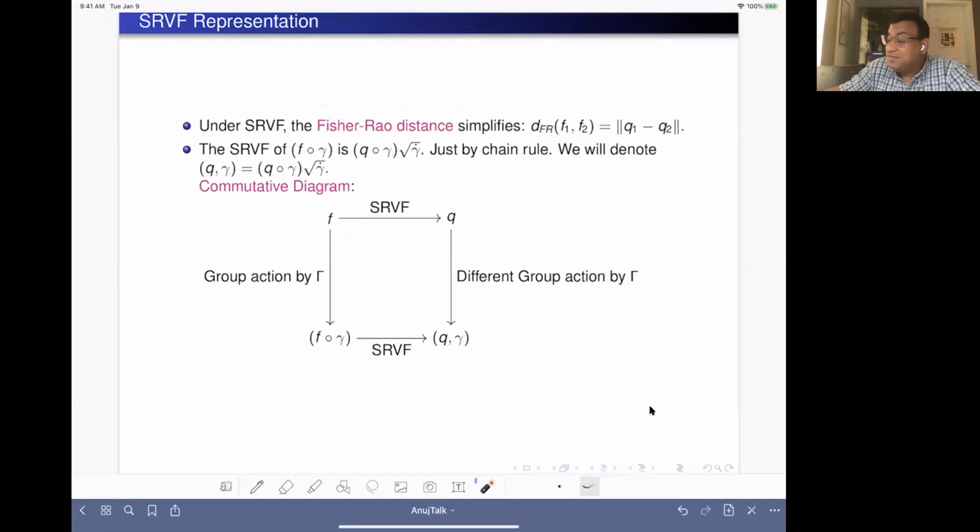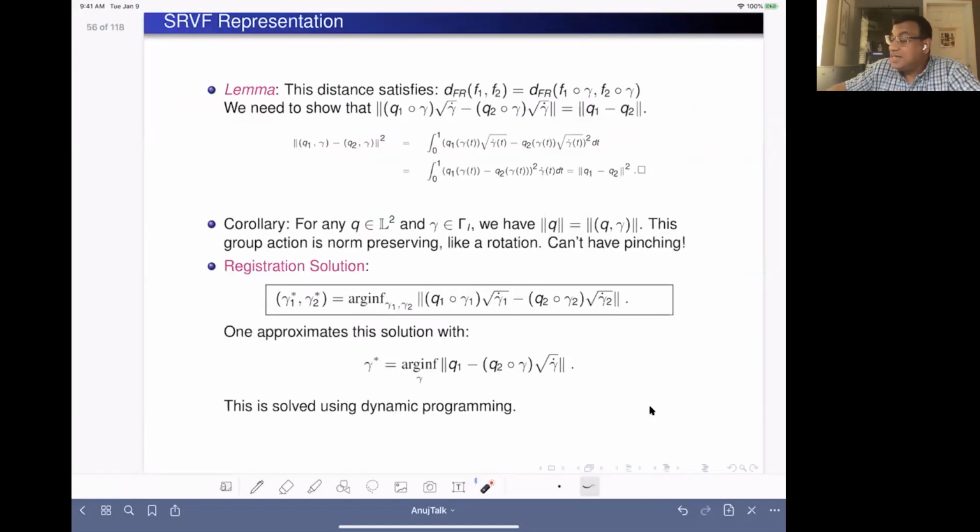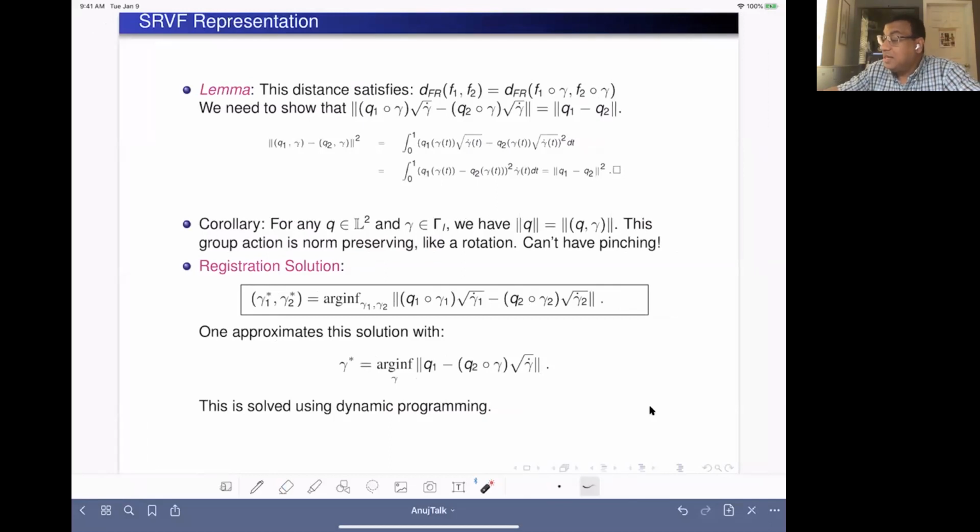The beauty of this SRVF was that the moment you compute the SRVF, you're back to the L2 norm. We're not computing the L2 norm between the original functions, but between their SRVFs, because that equals this metric. And it has all the nice properties: if you take two functions and compute their SRVFs, we compute the distance before the reparametrization and the distance after the reparametrization. It's a one-line proof that the distance remains the same, that it remains invariant.